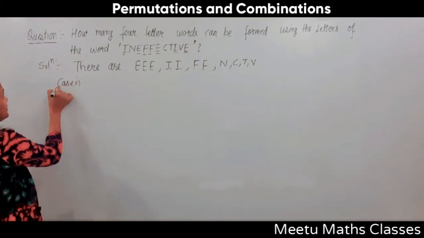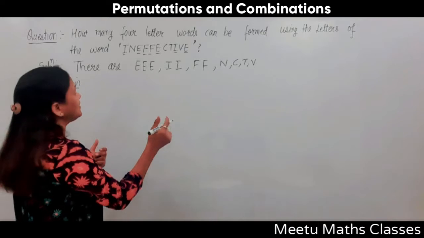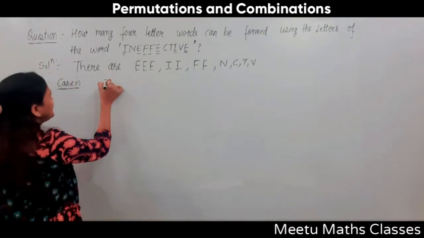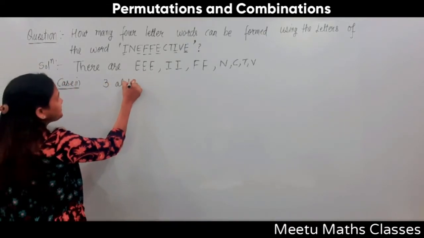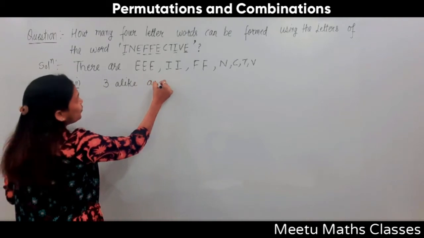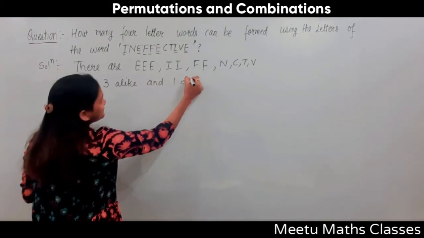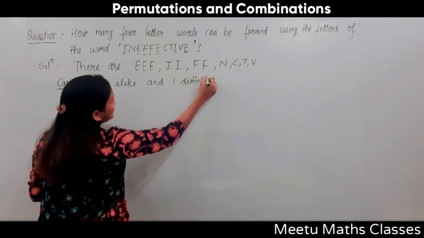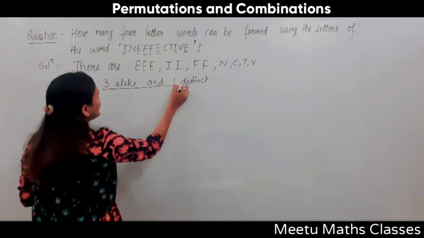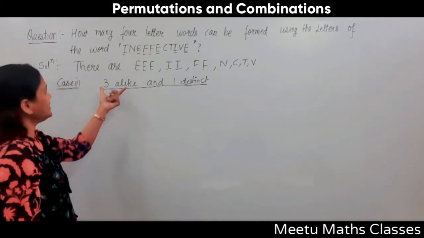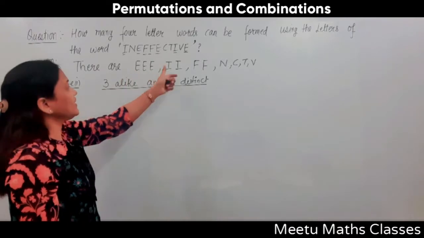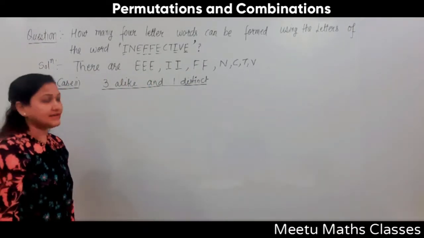In case 1, we can choose 3 alike letters and 1 distinct letter. In the first case, we are choosing in this way that 3 letters are alike and 1 letter is distinct.